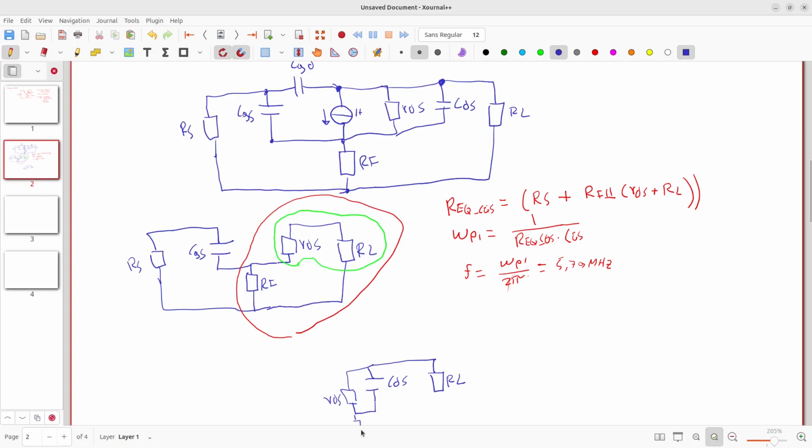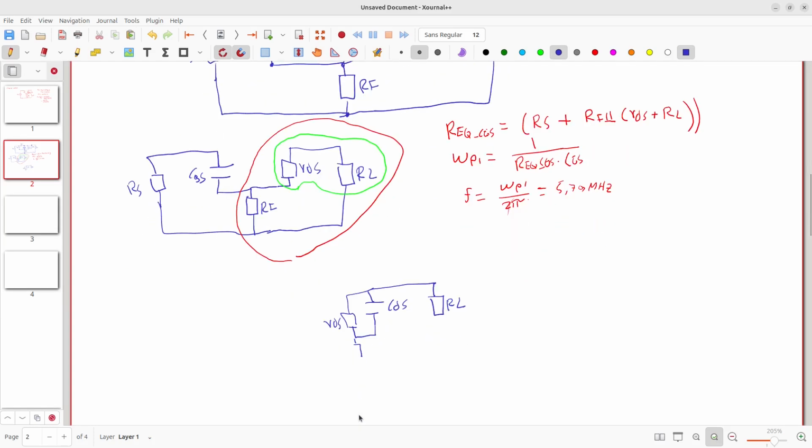RF is coming down and is also connected to RL, and then we have RS here that is disconnected, because there is no capacitor CGD or CGS. So for low frequency, this capacitor is completely disconnected.